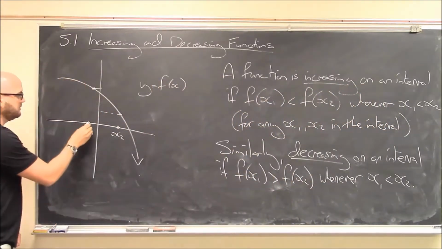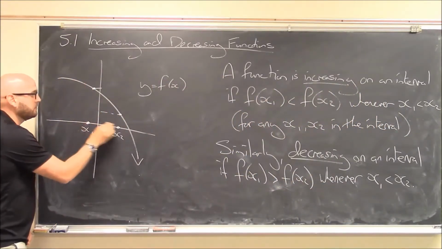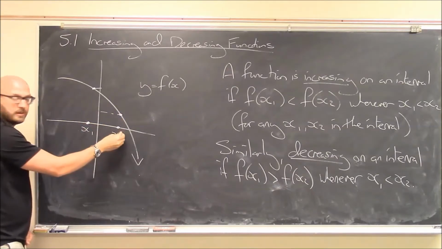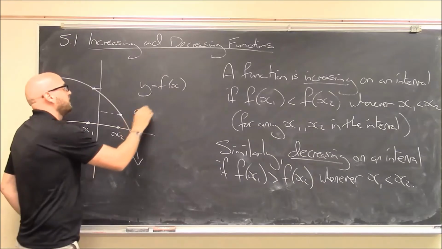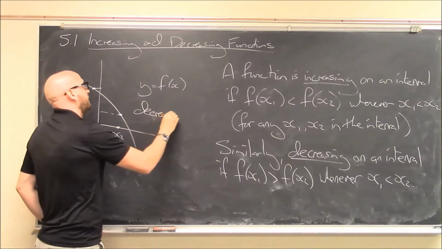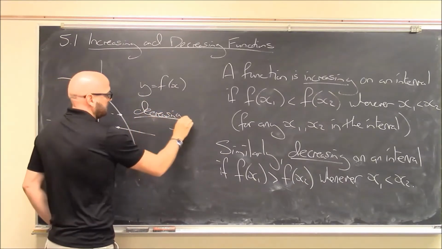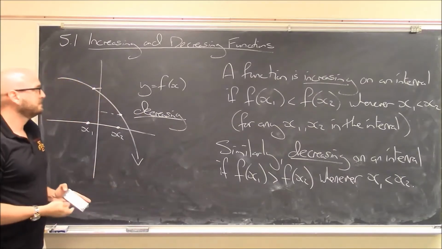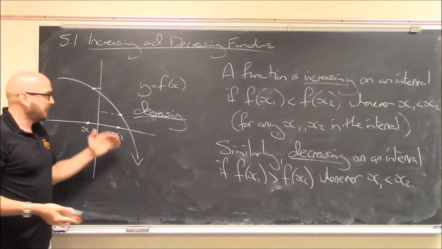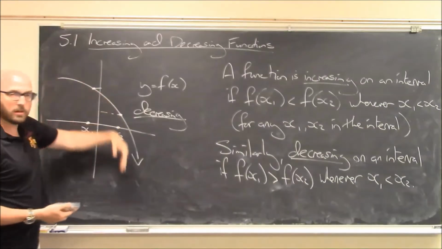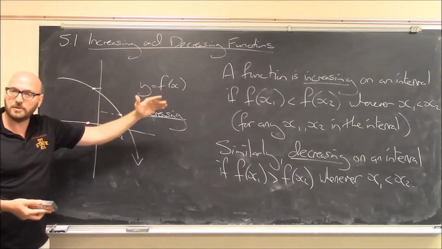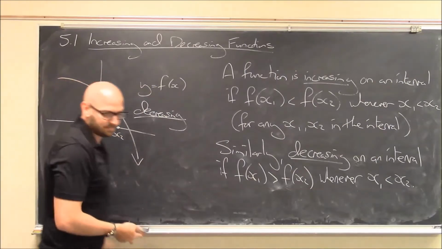If you choose a point to the left and then a point to the right, the bigger point has a smaller y value, is what this definition is. So this is a decreasing function. Okay, but again, your intuition is enough, right? As long as you understand that as I move from left to right, if my y values get smaller, I'm decreasing. If they get bigger, I'm increasing. That's fine.